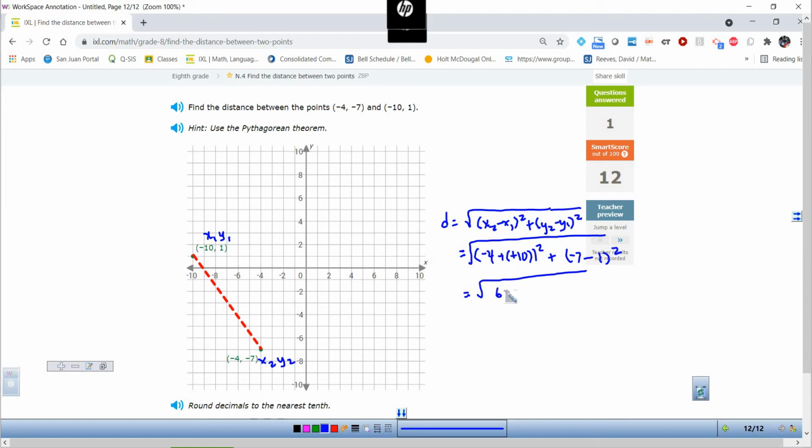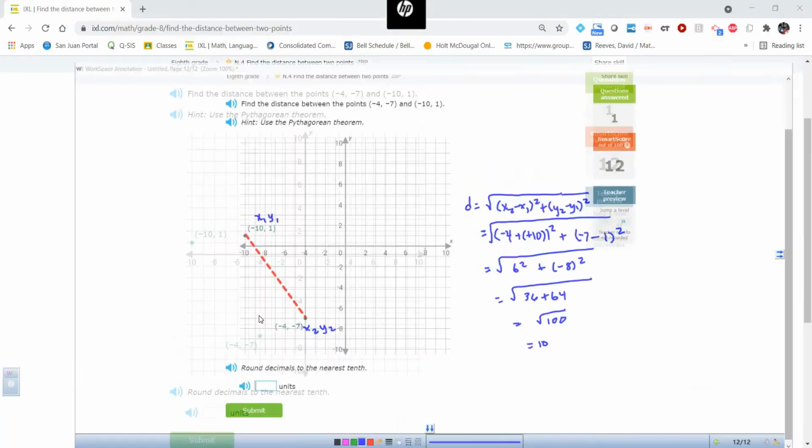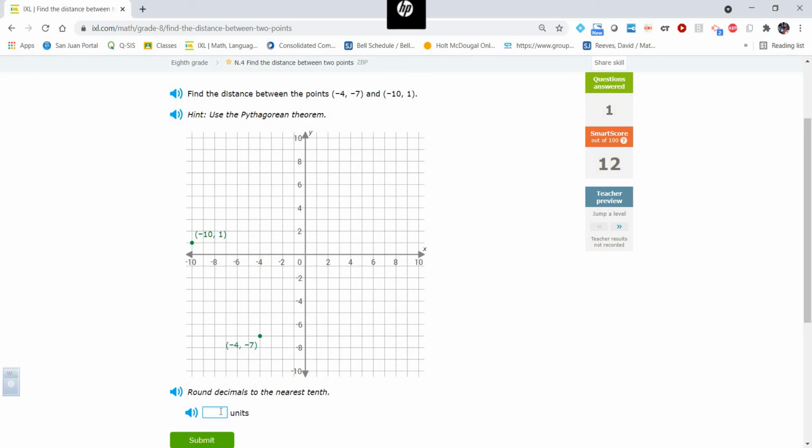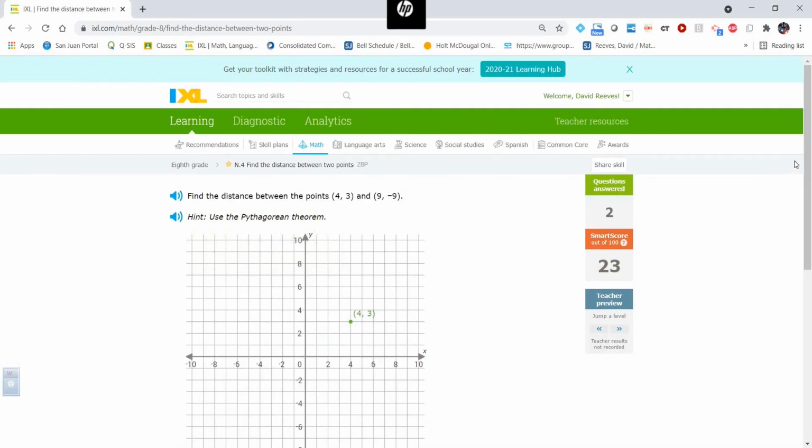So this one turns out to be 6 squared. This one turns out to be negative 8 squared. So we get the square root of 36 plus 64. Oh, wouldn't you know it, a perfect square of 100. So the answer is 10 square units. So that one I did using the distance formula.